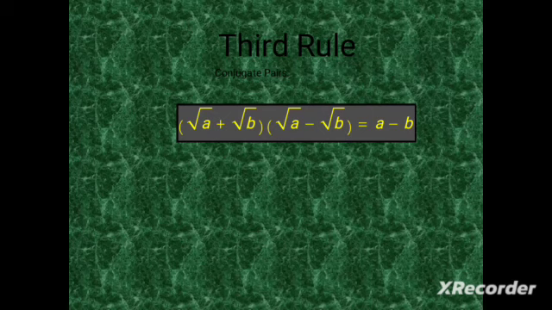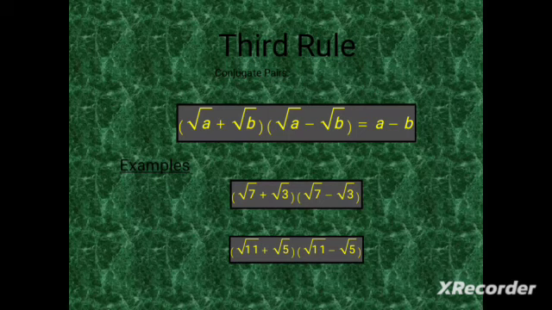Therefore, our third rule, whereby square root of a plus square root of b, times square root of a minus square root of b, is a minus b. The difference actually is in the signs. And now some few examples. Number 1, we have root of 7 plus root of 3, then root of 7 minus root of 3. Actually, we are just trying to substitute in the rule or law.